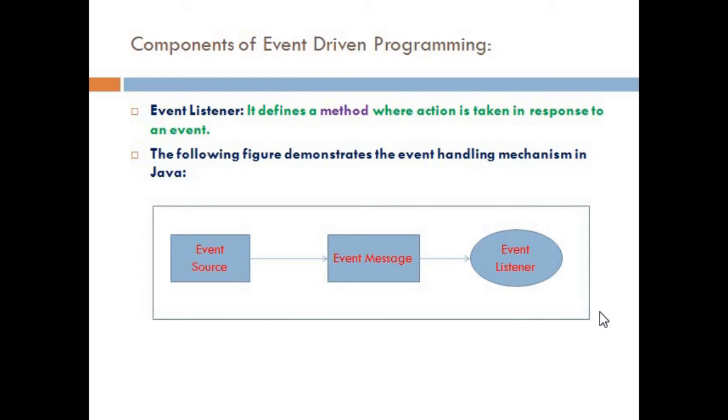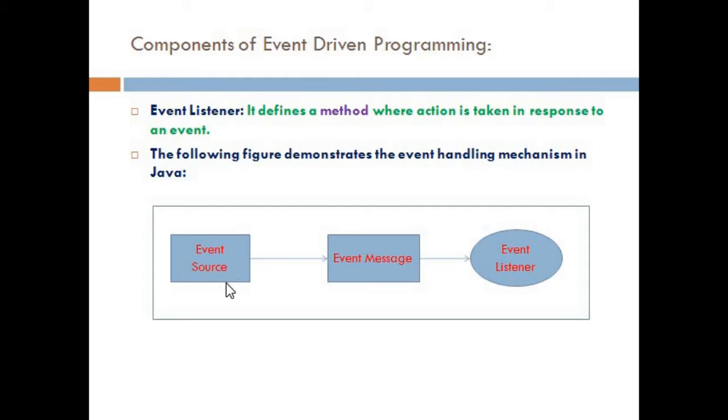Now the following figure demonstrates the event handling mechanism in Java. See the first box. It denotes the event source. Whenever any event occurs, such as the click of a mouse button, or when the user selects an item from a menu or types some text in a text box, then the button, menu, or text box is known as the event source.